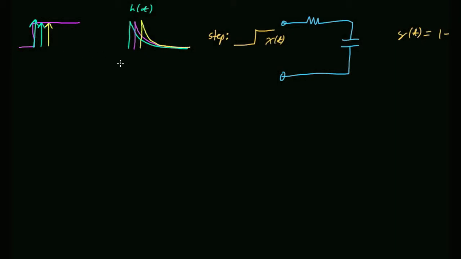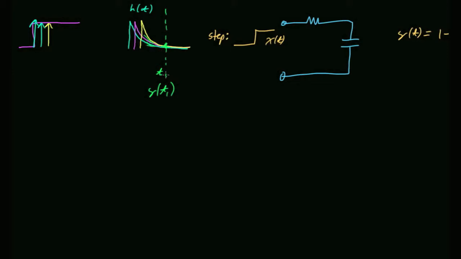Okay? So, if you wanted to know what the system response was at some value of y, like let's say this is time t1, what you would have to do is say, well, the first impulse gave me this much, and the second impulse gave me this much, and the third impulse gave me this much, and actually there's an infinite number of impulse responses that are going to pass through that time.